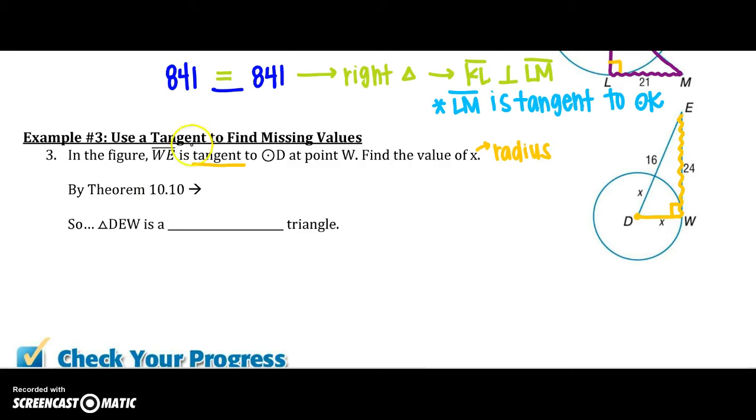Because of Theorem 10-10, what we just learned, we know that WE would be perpendicular to DW. So we know that triangle DWE is a right triangle.